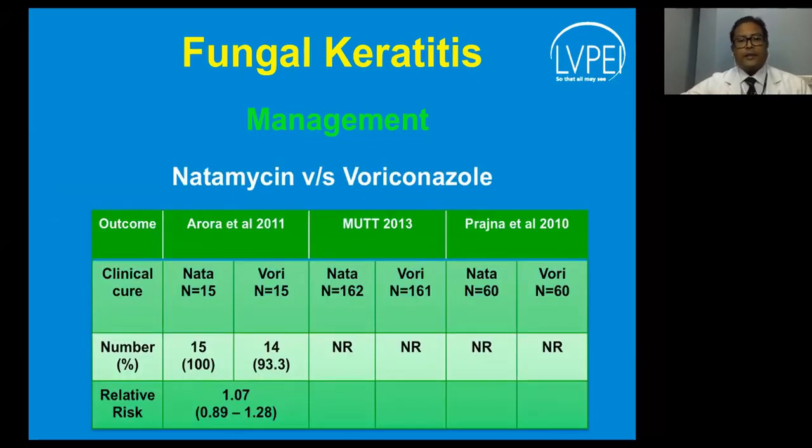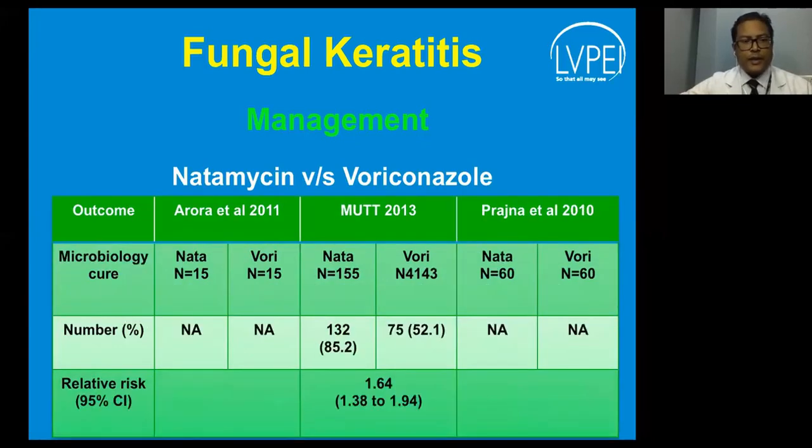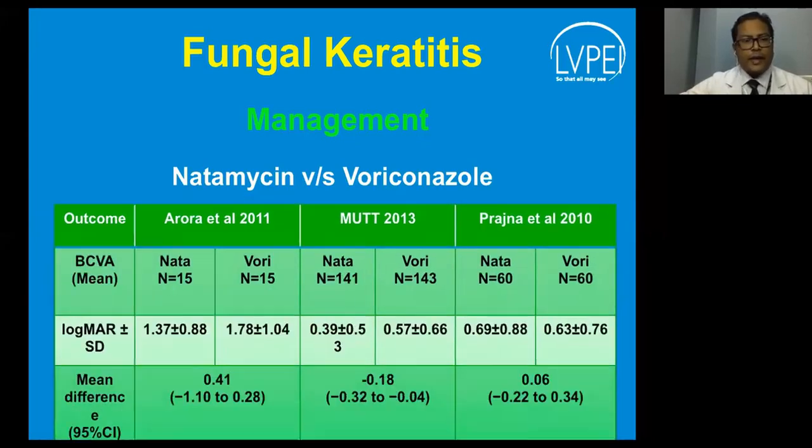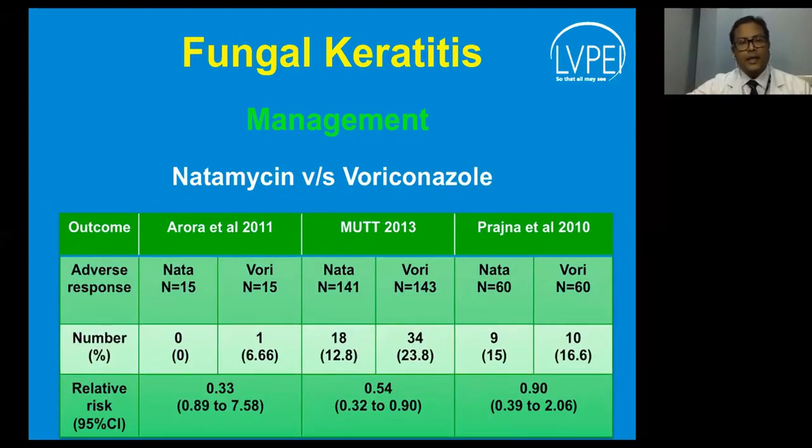And in summary, when we compare natamycin versus voriconazole in 3 major trials, the percentage of clinical cure, the microbiological cure, and the best corrected visual acuity is similar or better in the arm that was treated with natamycin.